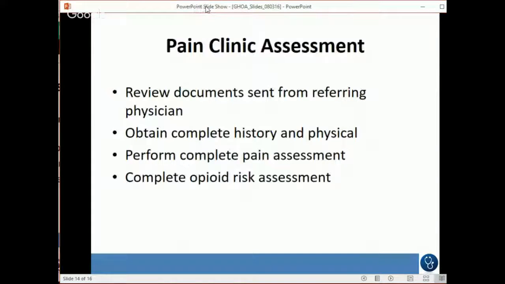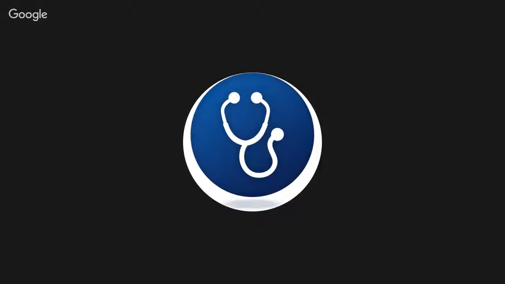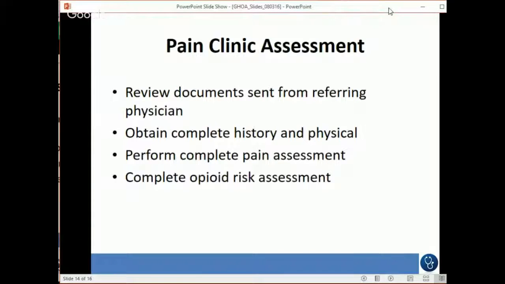Okay, so our patient shows up at the pain clinic, and let me tell you that she's not unlike probably 90% of our patients. They've been through multiple medications, trying everything, to see what could relieve their pain, and they usually come to us when they've tried everything and now no one else has any other ideas.